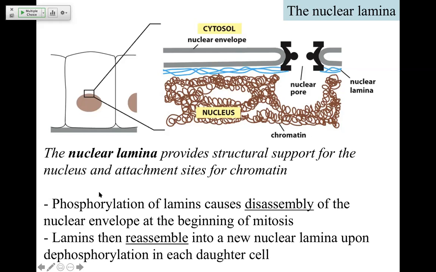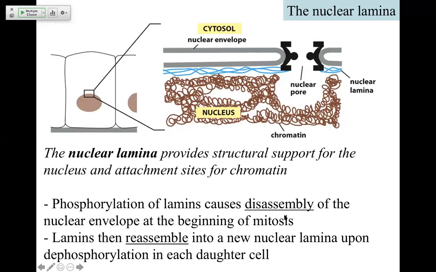When lamins are phosphorylated, they will have weakened binding between the tetramers and the dimers that make up that rope-like structure, which causes the lamins to disassemble.